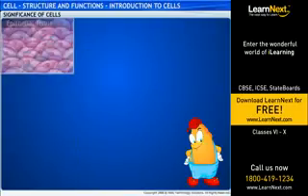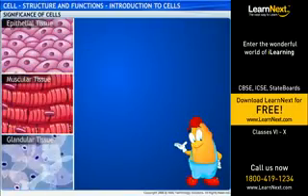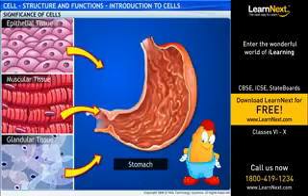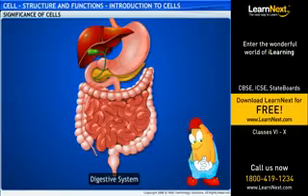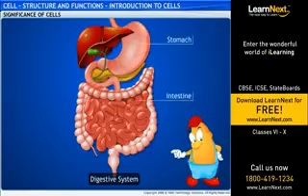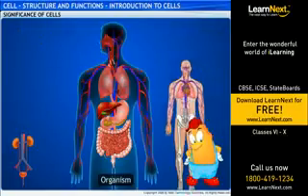For example, epithelia, muscular, and glandular are some of the tissues that form the stomach, which is an organ. Organs like the stomach and the intestine, in turn, form the digestive system. Many organ systems together form an organism.